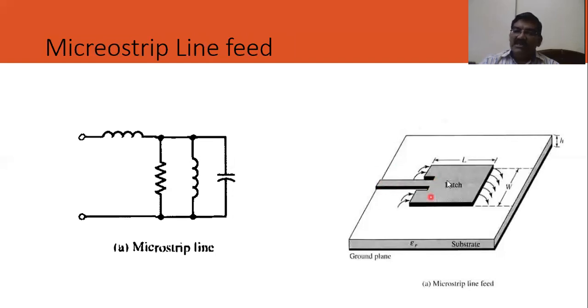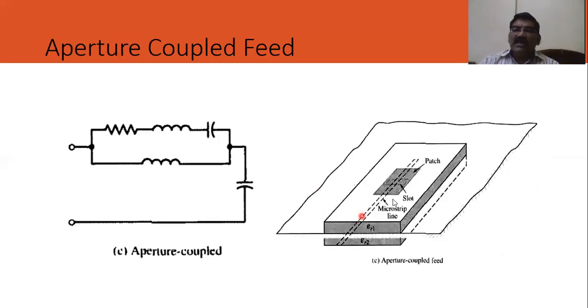I don't want this additional part, so the feed line should be hidden so that it does not radiate. It is kept between two substrates and does not radiate because it is inside, so unwanted radiation is avoided in this technique.